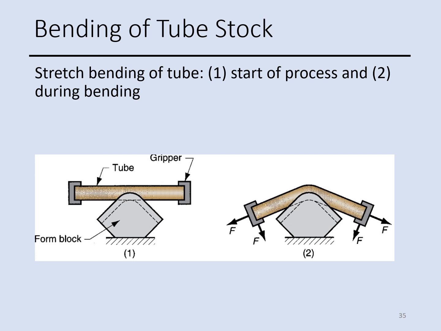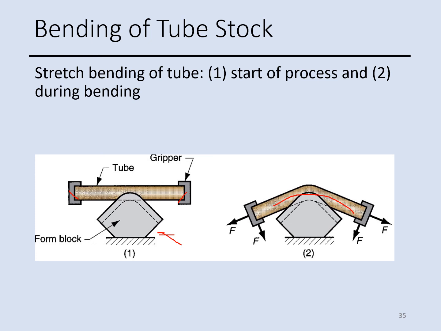Similar processes can be done on tube, and it's called bending of tube stock. We have a gripper on the two ends of the tube, and then we have a form block. As you see, this form block or die changes the pipe to this shape.